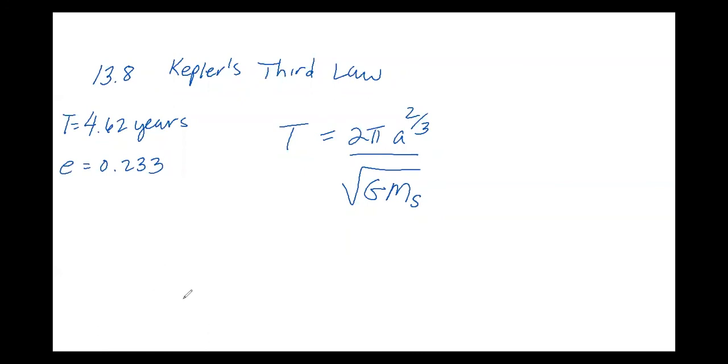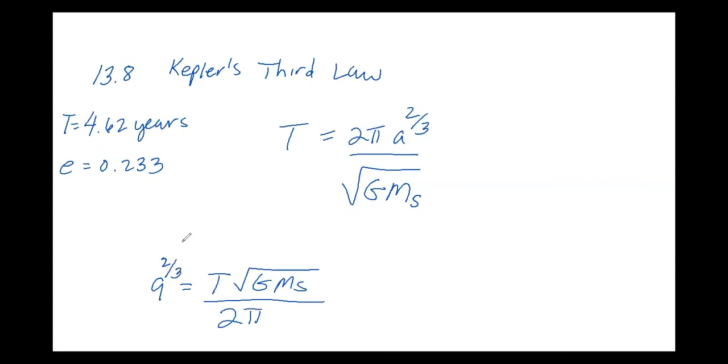So A equals T times the square root of G mass of the sun divided by 2 pi, and this is to the power of 2/3.